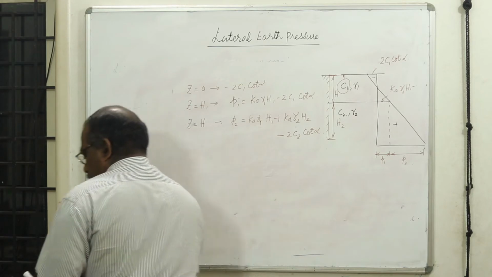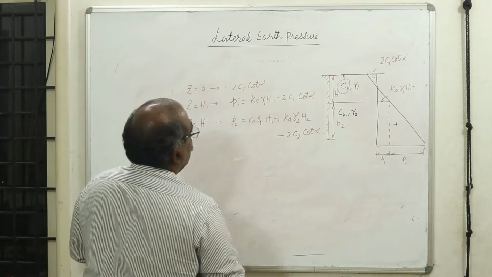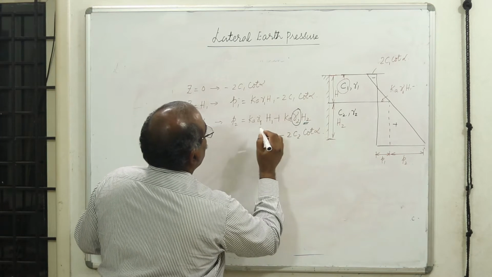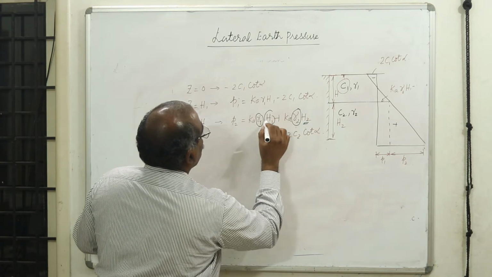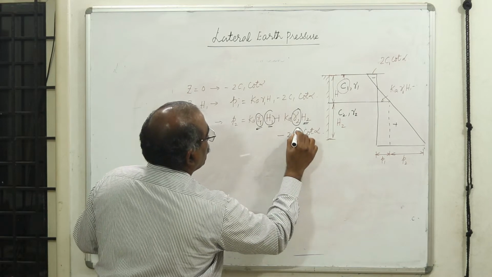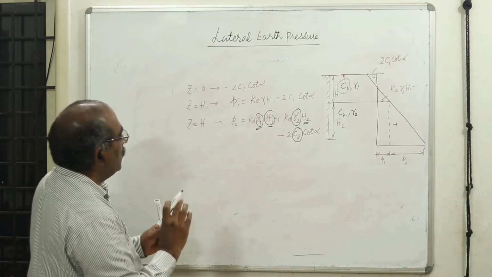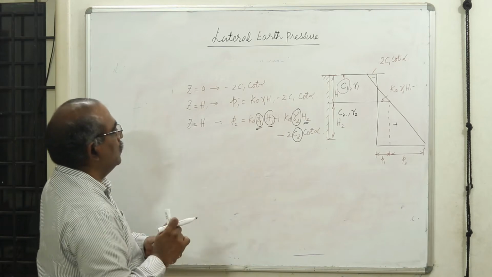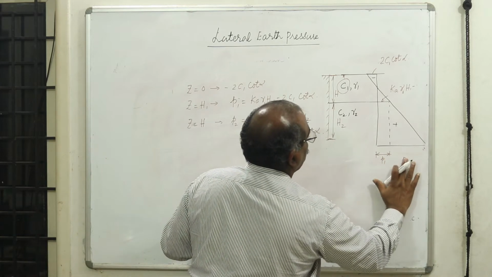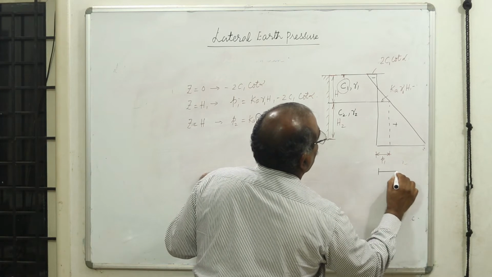Now what are the differences you need to identify here? This is gamma 2 into H2. This is gamma 1 into H1. Then I am going to use C2. Therefore, these are the changes for P2. P2 is the complete pressure.